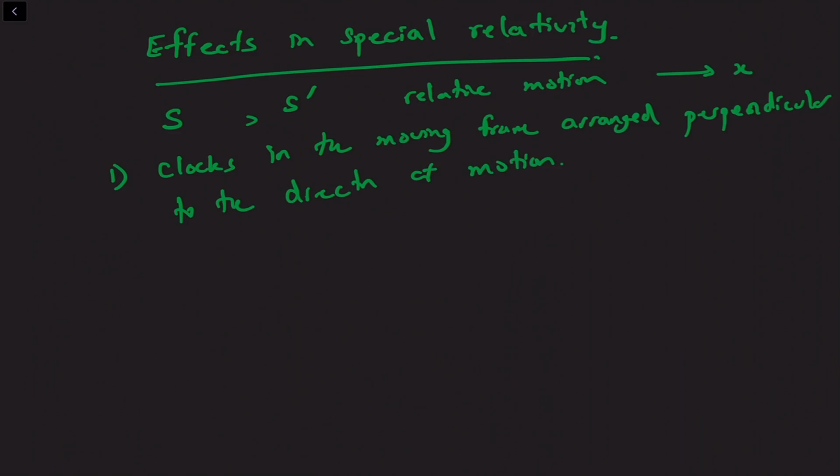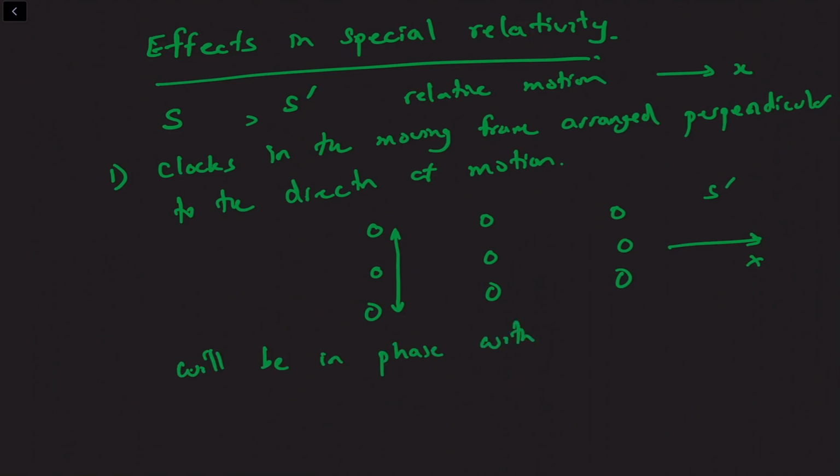That is, if I consider the clocks of S prime, so these are various clocks in the frame S prime moving to the right, then the clocks here all appear to be in phase with each other. And similarly, the clocks here will appear to be in phase with each other.